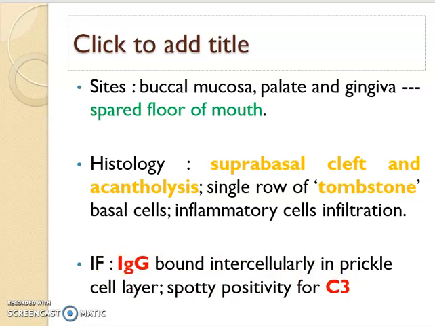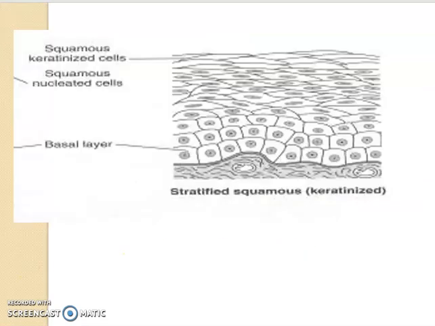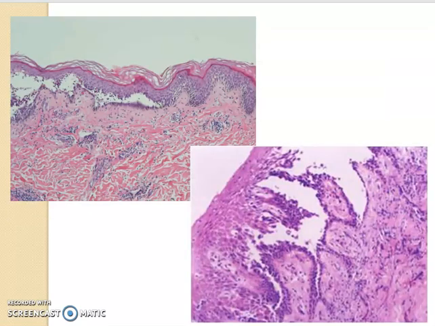So let's have a look at our normal oral mucosa structure. Where are we now for the pemphigus? This is the epithelium. The top part is the keratin layer. The one below is the connective tissue with a lot of inflammatory cells. Look at the clefting here, the separation between the epithelium and the connective tissue.